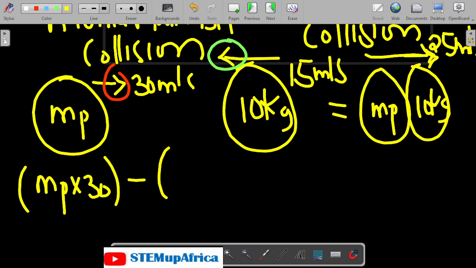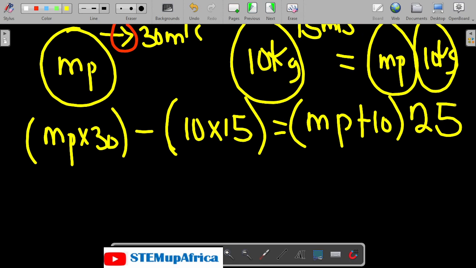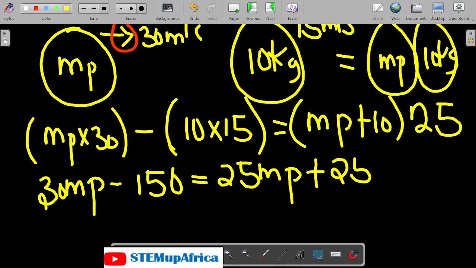So I'm going to have 10 times 15, which is mass times velocity, equals the second body, which is MP plus 10 times 25, which is after the collision, with the bodies sticking together and moving with the common velocity. So if I simplify what I have, I'm going to have 30 MP minus 150 equals, if I put the bracket here, 25 MP plus 250.